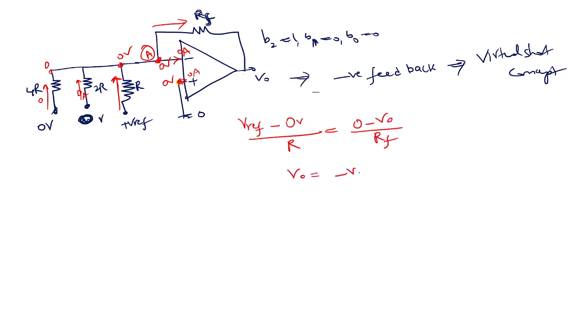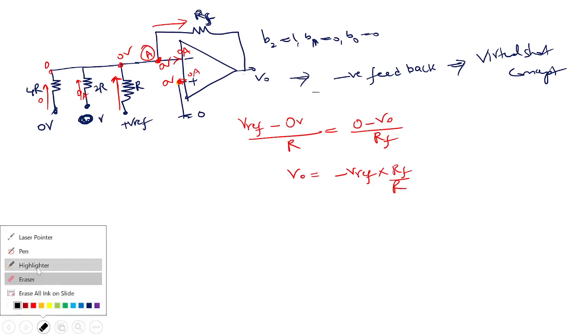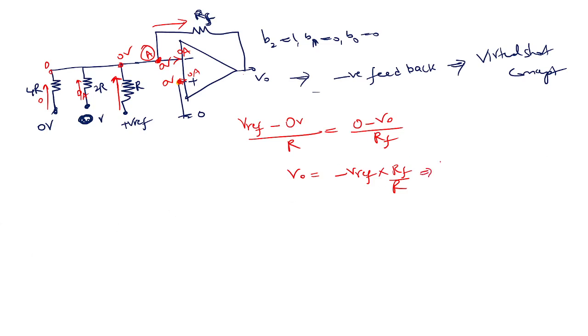So that implies V naught is minus Rf by R into V reference.